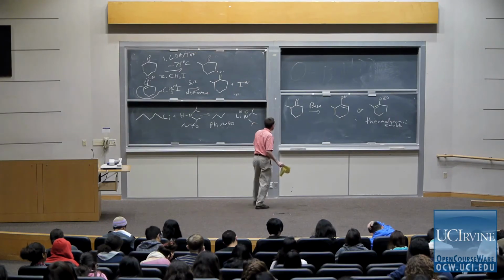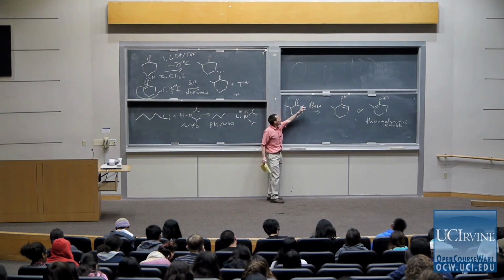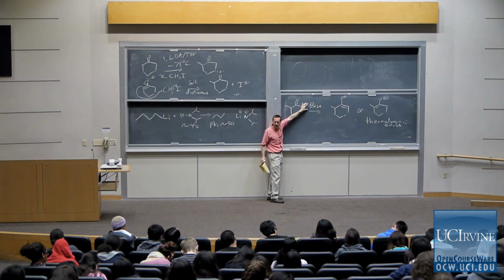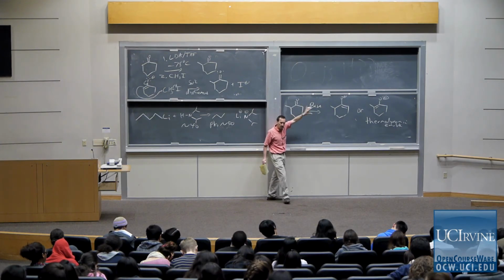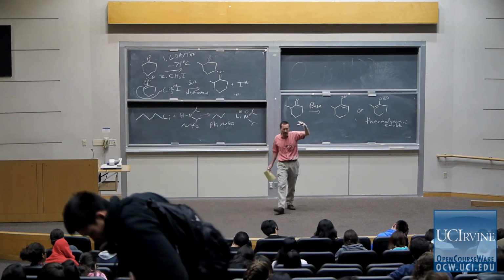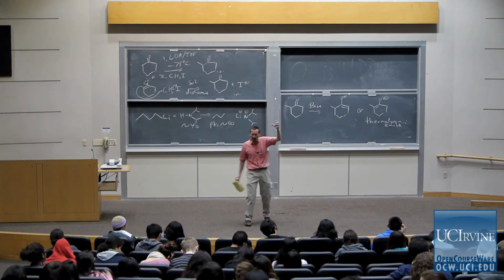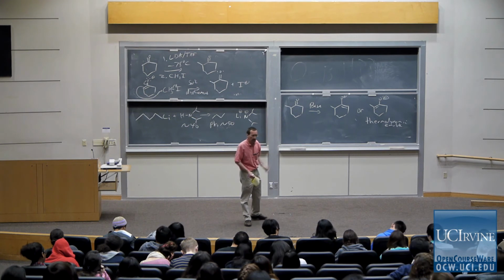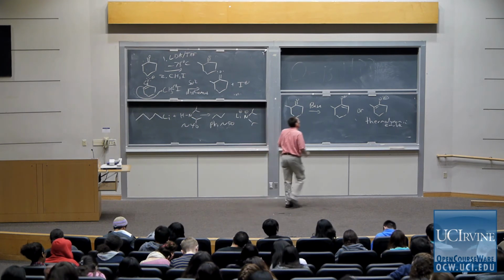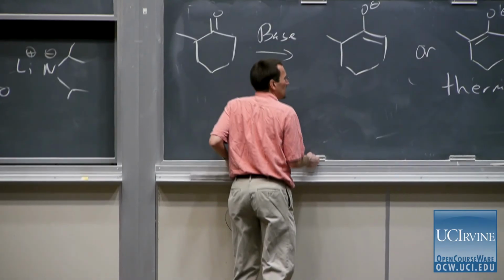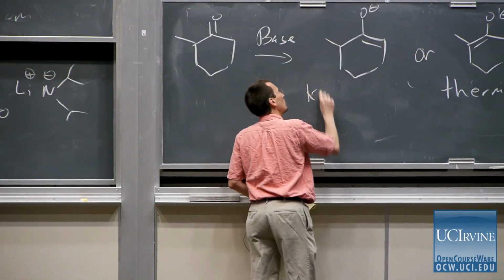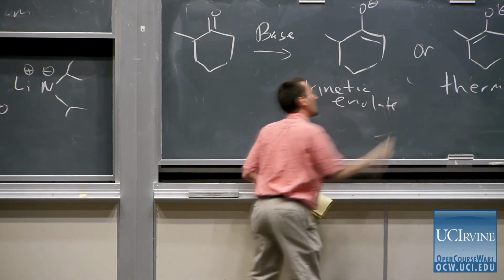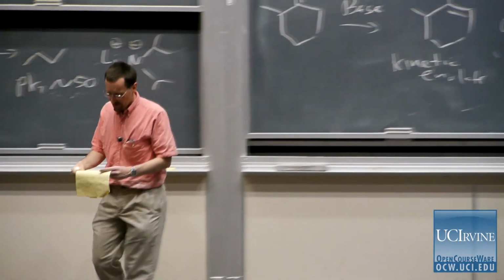But we also know that size matters. We have a bulky side of the molecule, we have a non-bulky side of the molecule. If a base, particularly a sterically hindered base, needs to get in to pull off a proton, it's going to grab the easier one if it's bulky. So, the enolate that is less substituted is often referred to as the kinetic enolate, the one that forms first, the one that is easier to form.